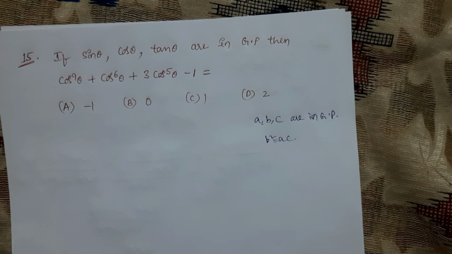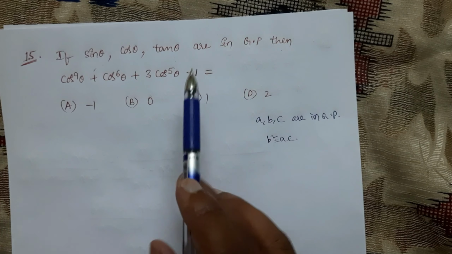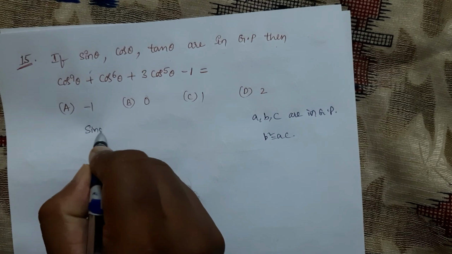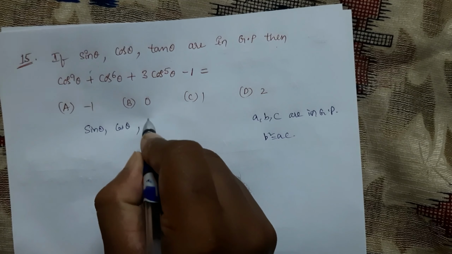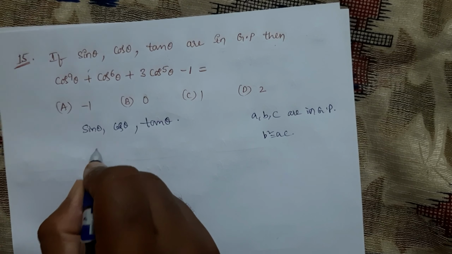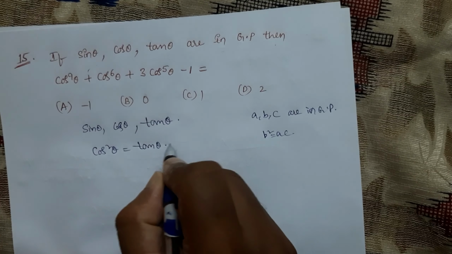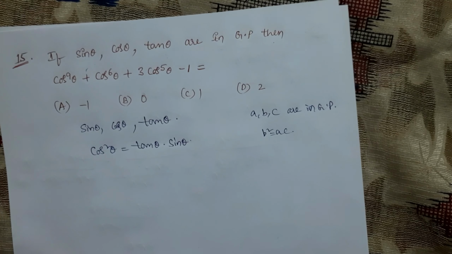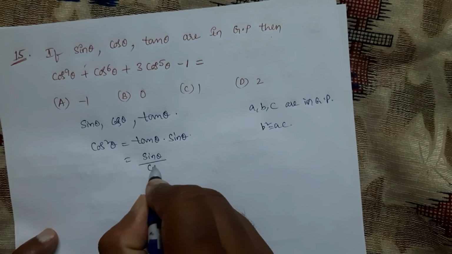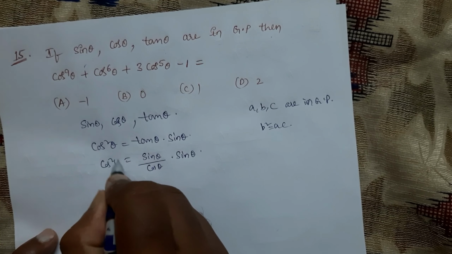Similarly, if sin theta, cos theta, tan theta are in GP, then B square equal to AC. That means cos square theta is equal to tan theta into sin theta. We know that tan theta we can write as sin theta by cos theta, into sin theta, and this is cos square theta.